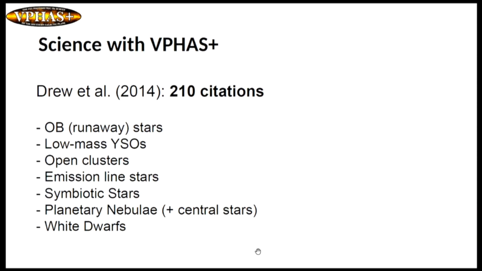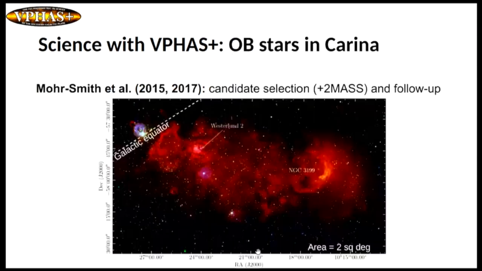In particular, there was the survey paper that has been cited by 200 other works, and it's very interesting that a very large variety of science is covered by these papers, because we start from massive young stars, going to the low mass ones, open clusters, a very large range of emission-line stars, and going to the end of stellar lives with planetary nebulae and white dwarfs. So let's start with massive young stars.